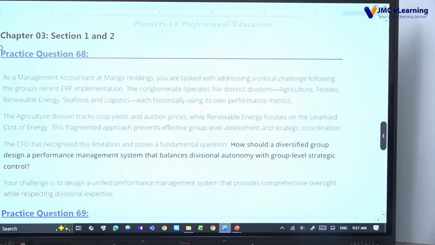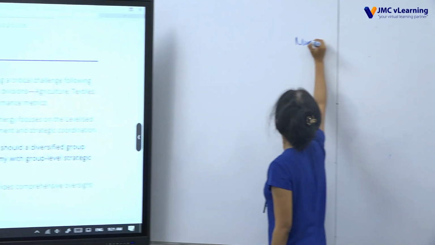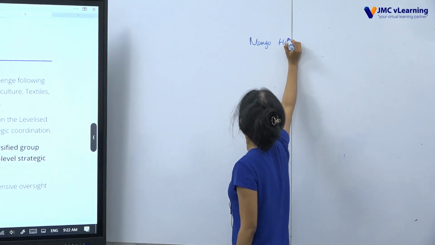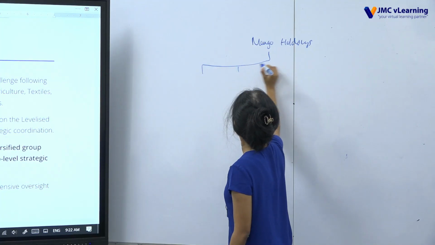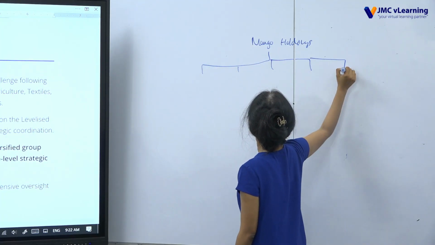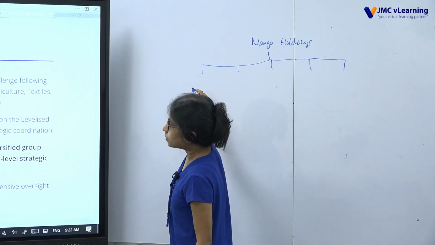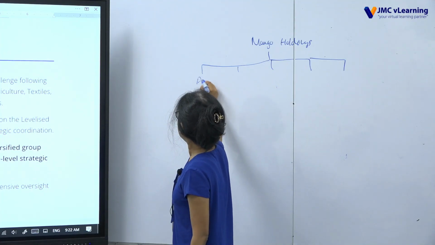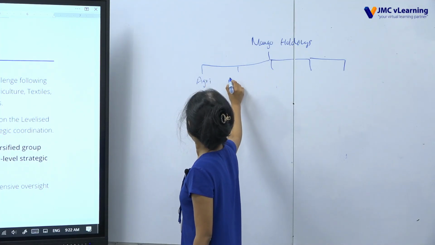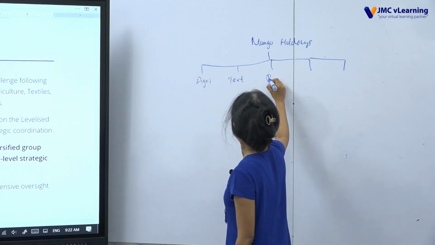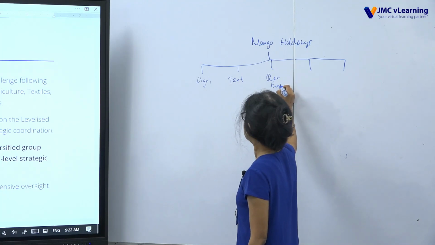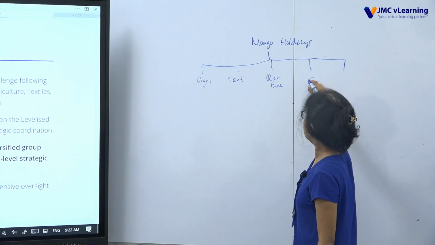You have Mango Holdings, which has 5 companies: agriculture, textile, renewable energy, seafood and logistics.